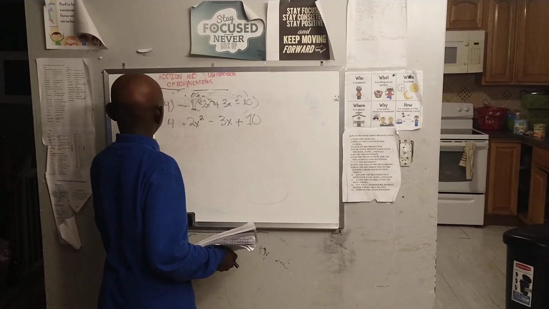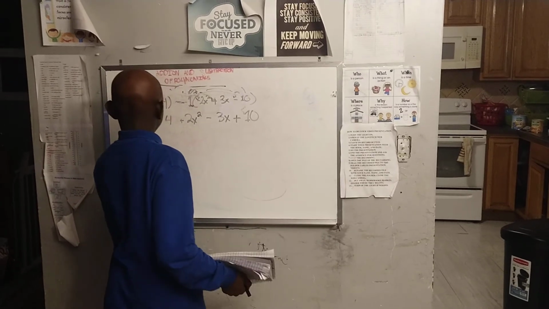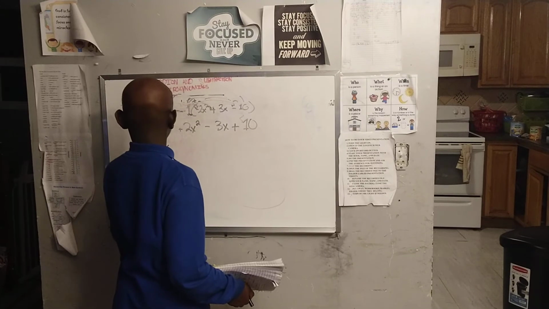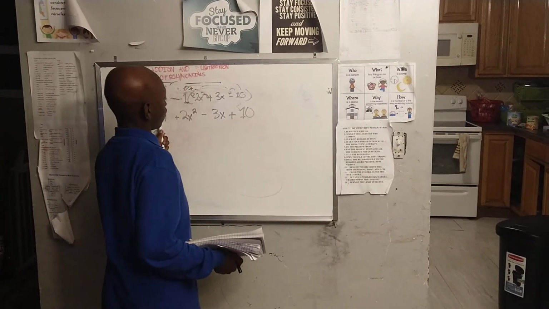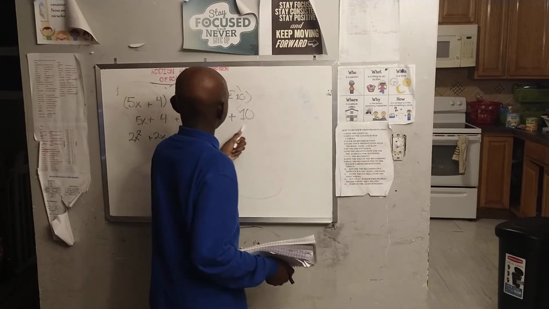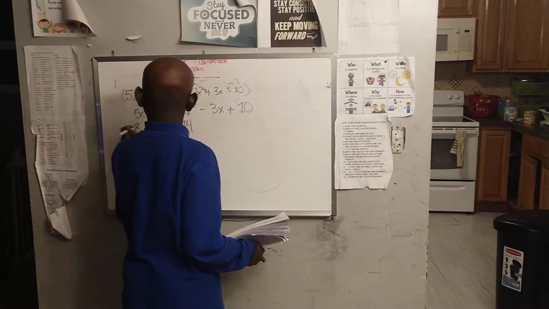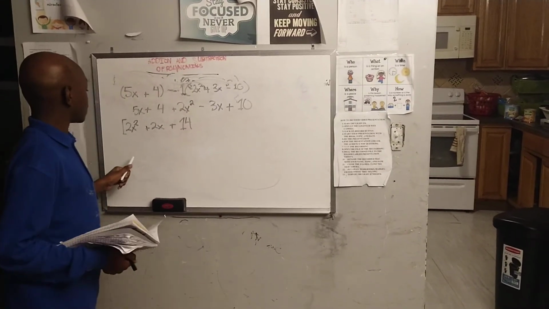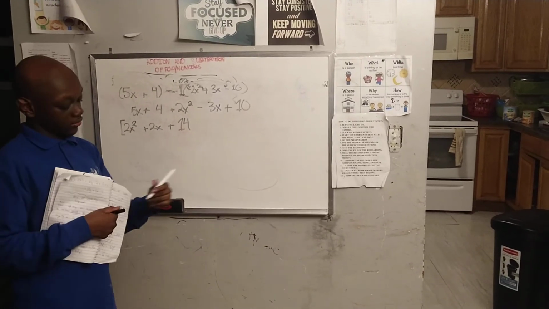But we have 5x minus 3x. And that is 2x. And 4 plus 10 is 14. So we have 2x squared plus 2x plus 14.